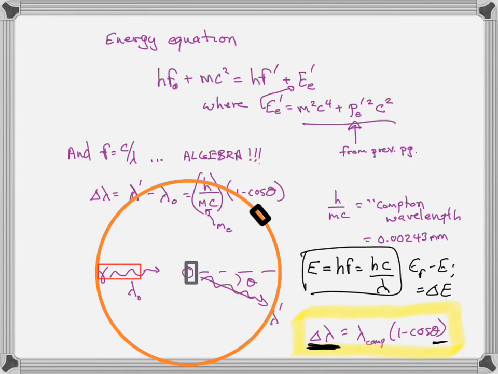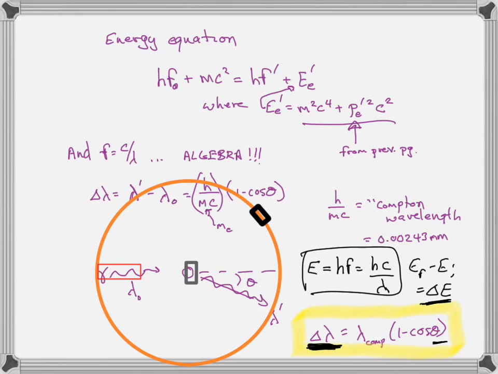Hopefully we get that. And if the largest change in wavelength is delta lambda, then you can figure out what the largest possible change in energy, delta E, is, and that therefore would be transferred to the electron. I guess I sort of just did that homework problem for you, so hopefully you're paying attention.